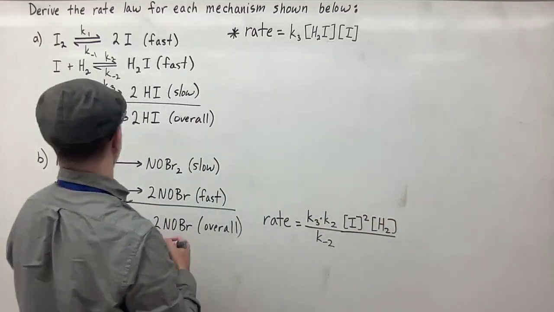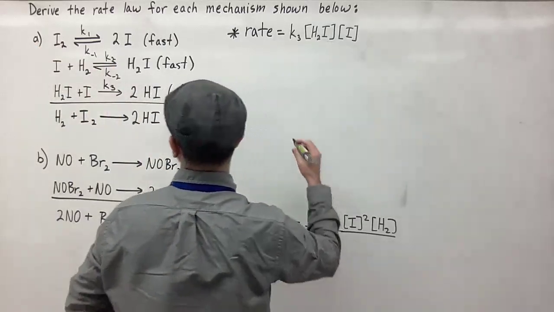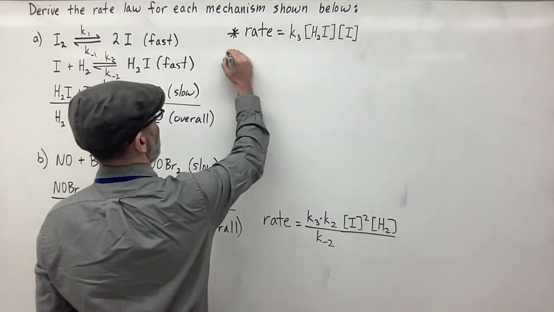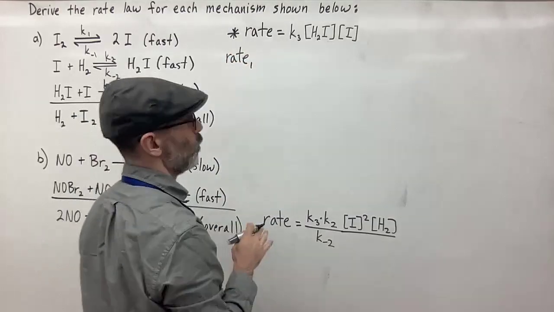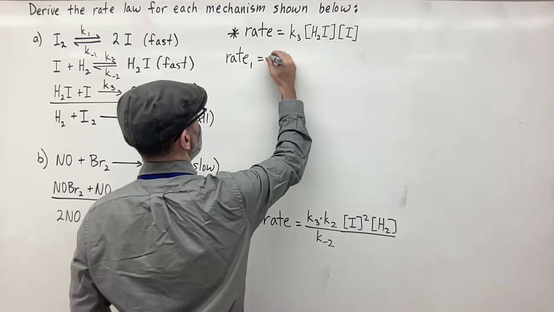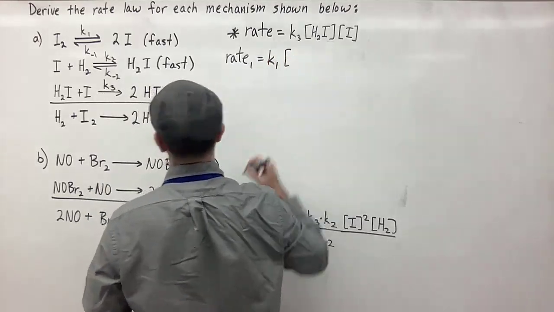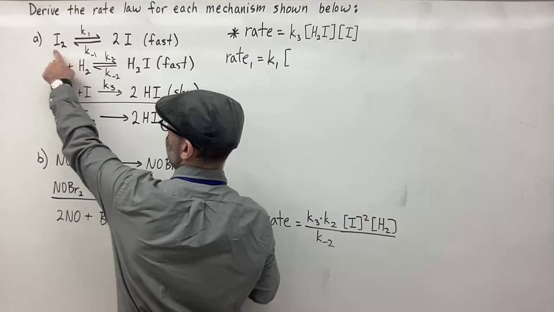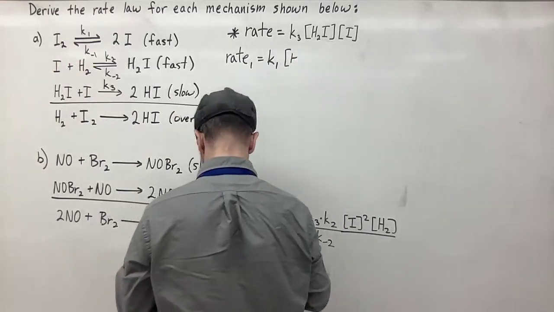Okay, so we have our reaction step number 1. We'll say that the rate of the forward reaction of step 1 is equal to K1 times, what's the reactant? I2.